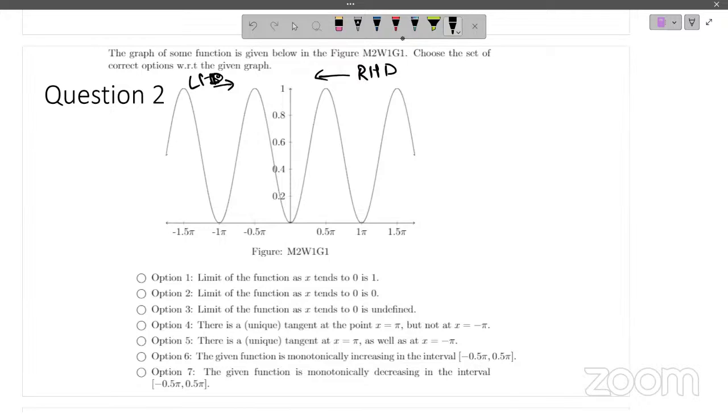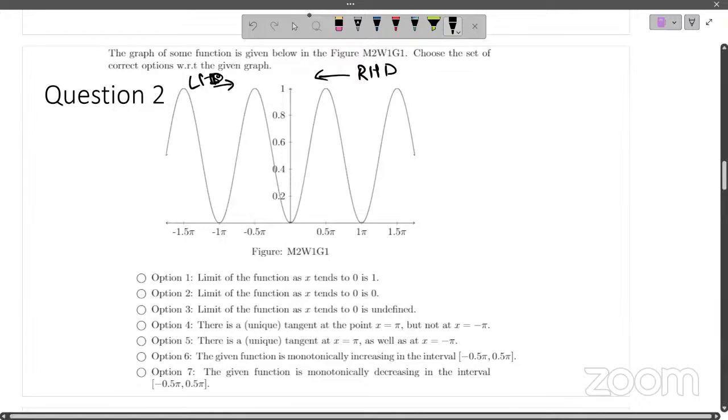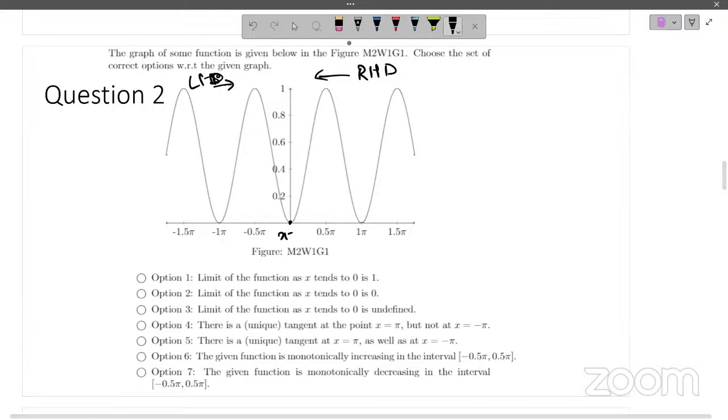So this graph is given to you. Your first option says that the limit of the function as x tends to 0 is 1. It's saying that x goes to 0, so this is x equals 0, right? We will trace this graph from the right hand side and see where we end up on the y-axis when we reach x equals 0.